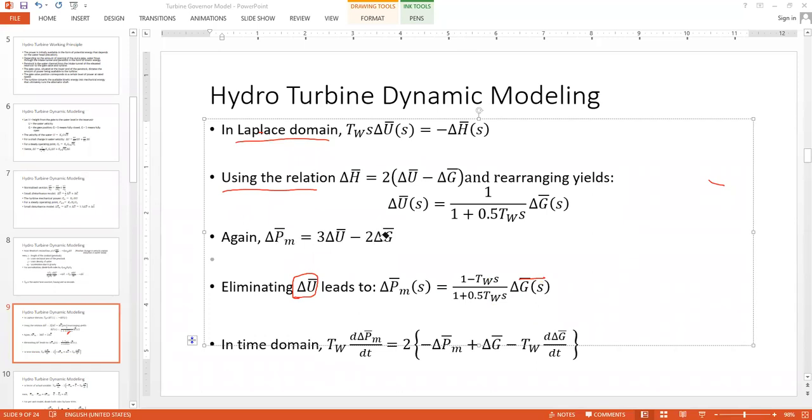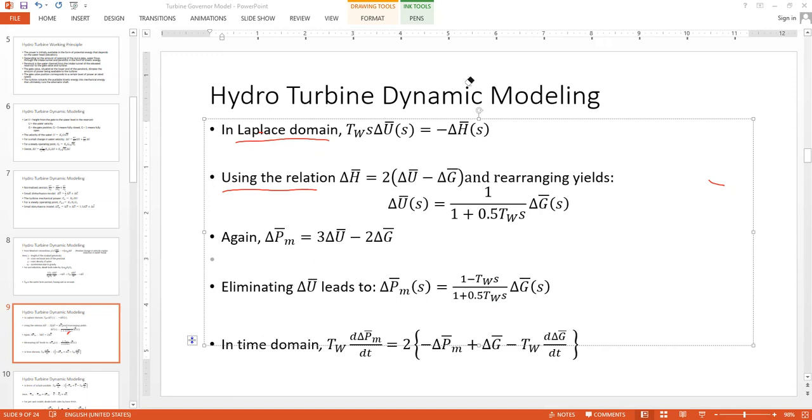Then you will see that there won't be any del u. Instead, you will have del pm related to del g. After eliminating del u, you get del pm and del g related with this transfer function.